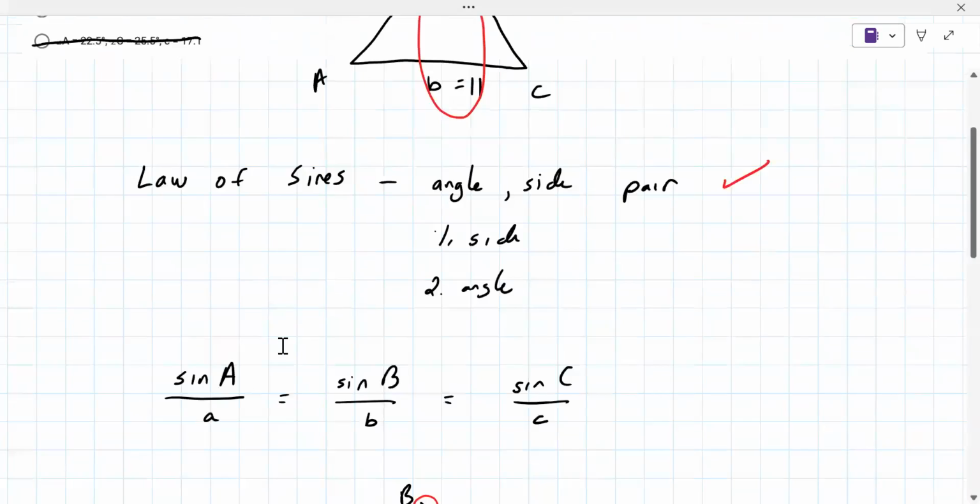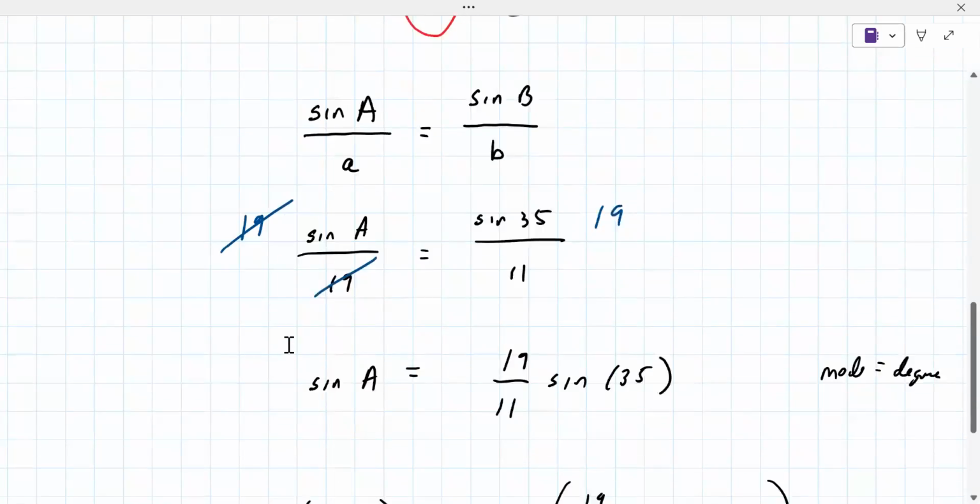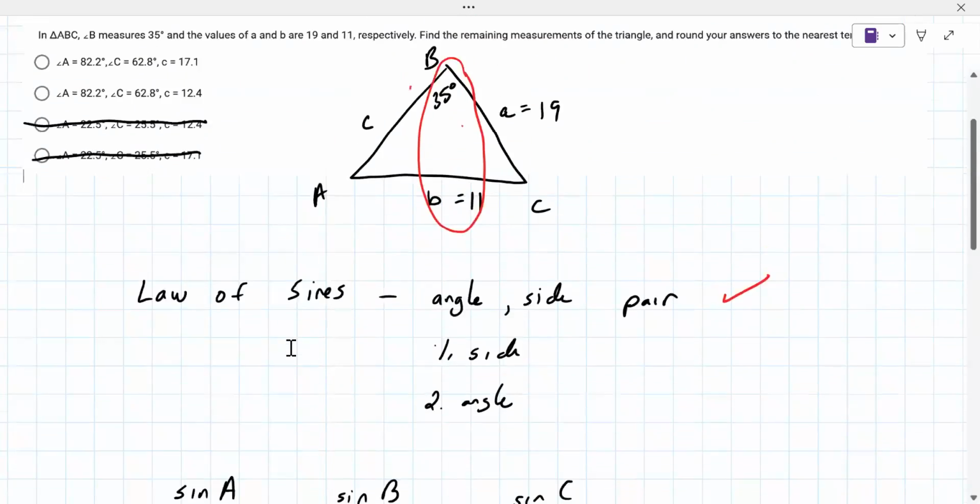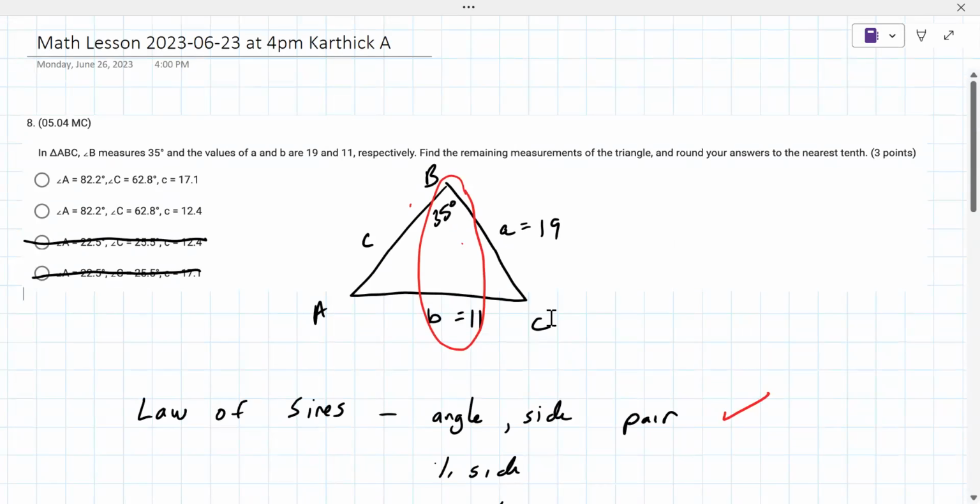So now to find the third angle, you could use law of sines, but there's something much simpler than that. Since we found that angle A is 82.2, we know that the 3 angles in the triangle add up to 180.